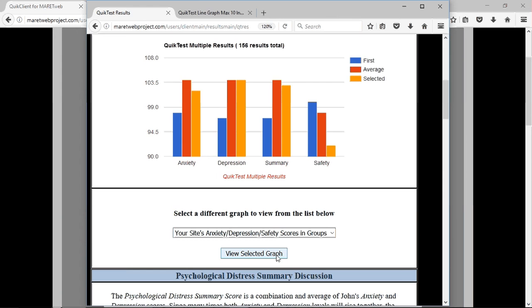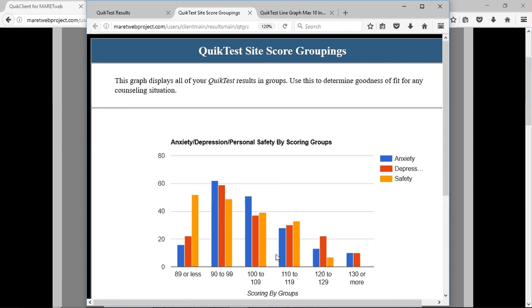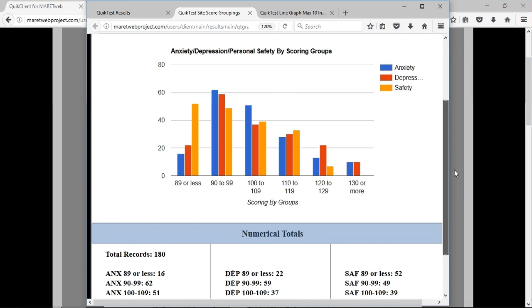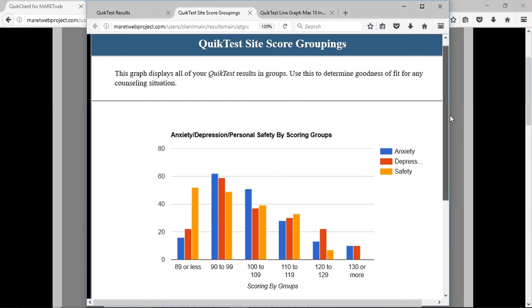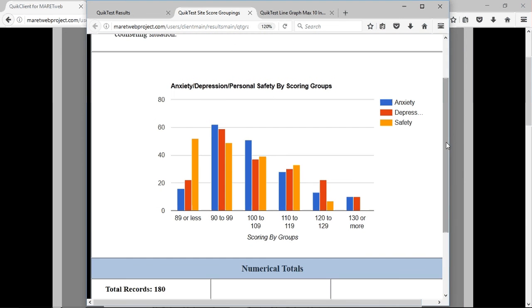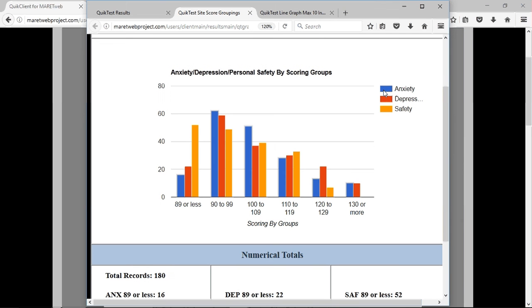Okay, so we're going to click on this. And you see now this is my site. Tells you how many. No, I don't think I put that on there. Okay, doesn't tell you exactly how many are in here, but if you look, you can see anxiety is blue, depression is red, safety is yellow.